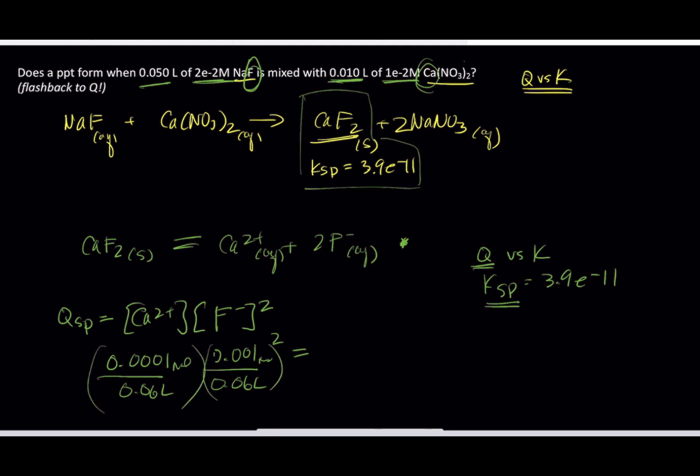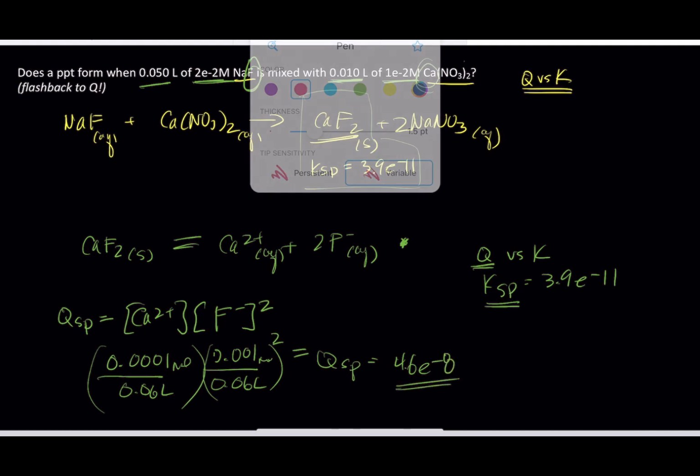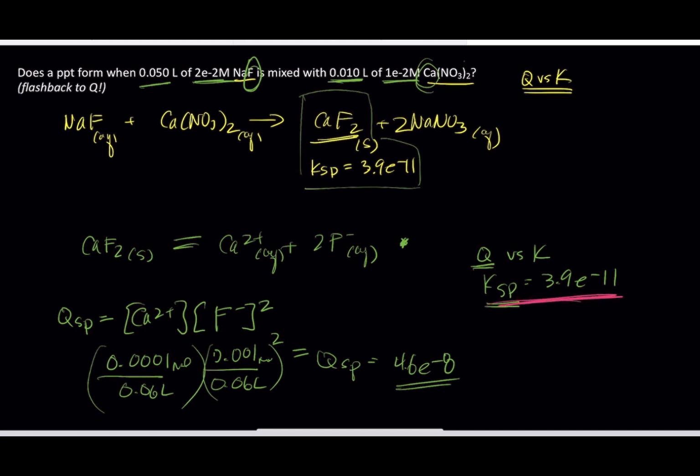Now we solve for this, and this is going to give me my QSP, right? My QSP, once I work it out, is 4.6 times 10 to the negative 8th, which I can then compare to my K. And what do we notice? Q is greater than K, right?